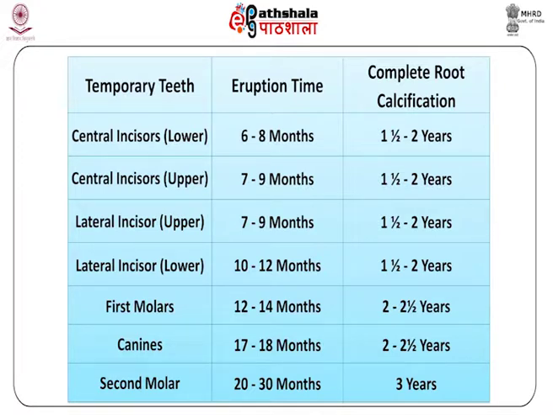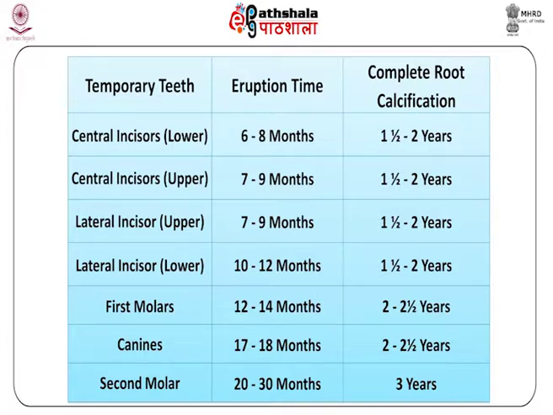For lateral incisors, the eruption time is 7 to 9 months, and for complete root calcification it is 1.5 to 2 years. For lateral incisors, the eruption time is 10 to 12 months, and for root calcification it is 1.5 to 2 years.